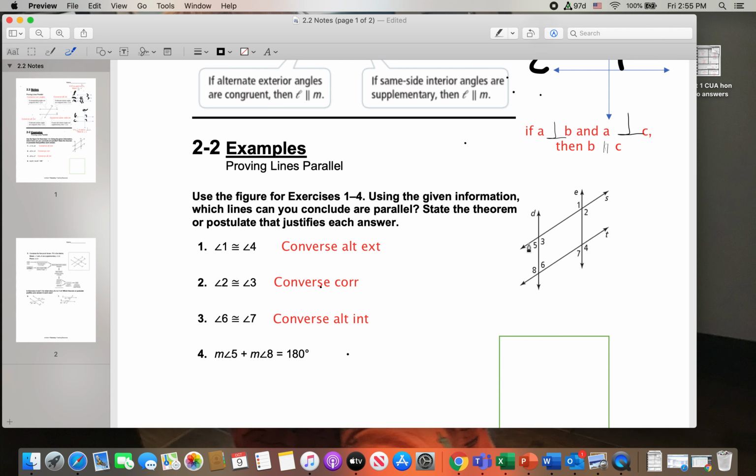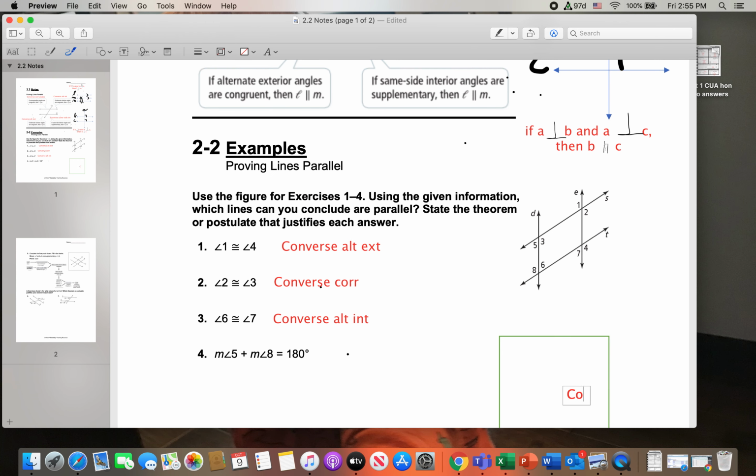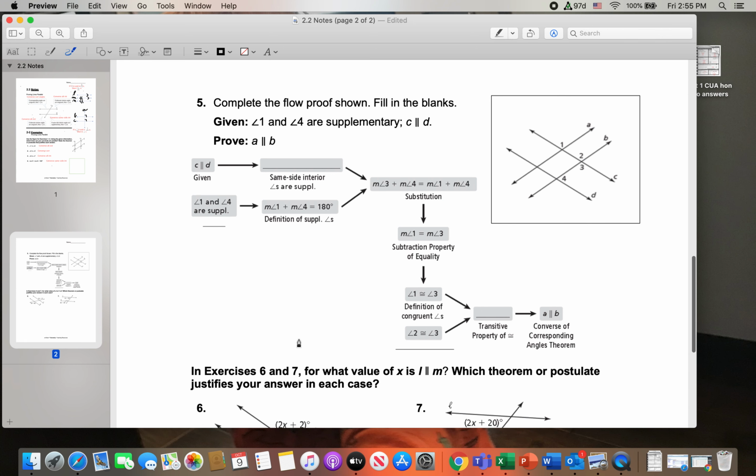Inside or outside of the two lines? Both inside. Same side, interior. Same side, interior, or supplementary. So converse, same side, interior. That's filled out. Let's move on to the next page.